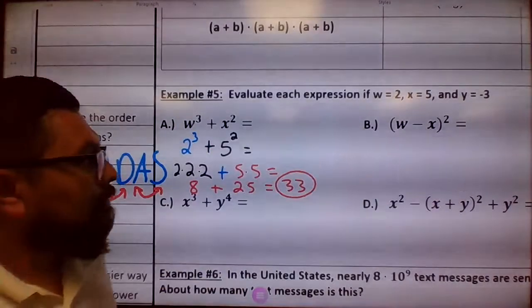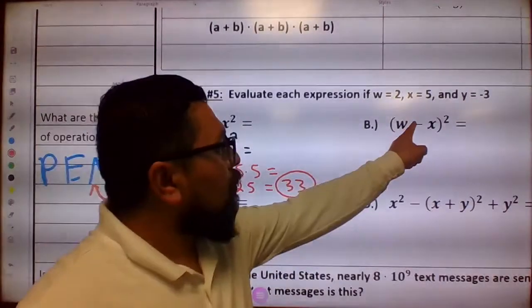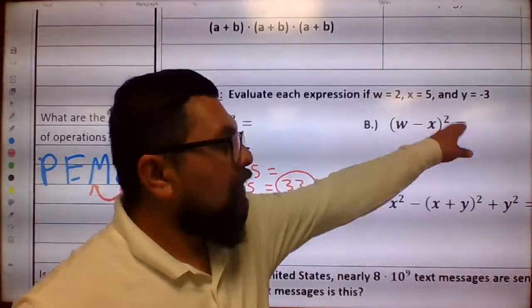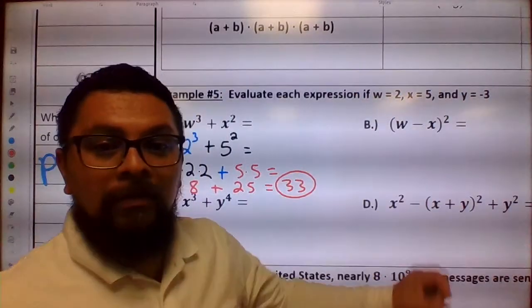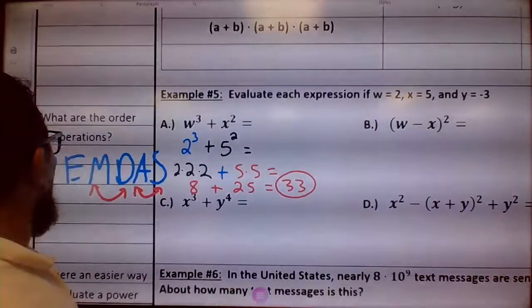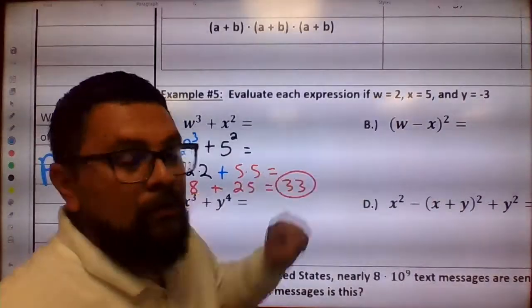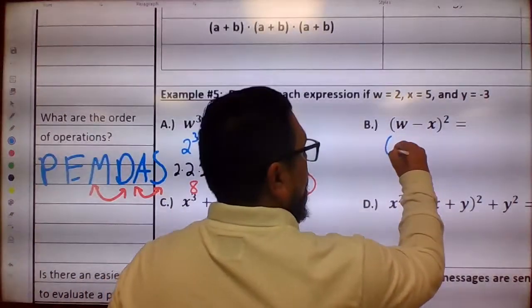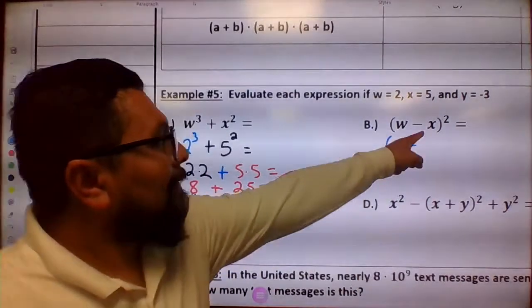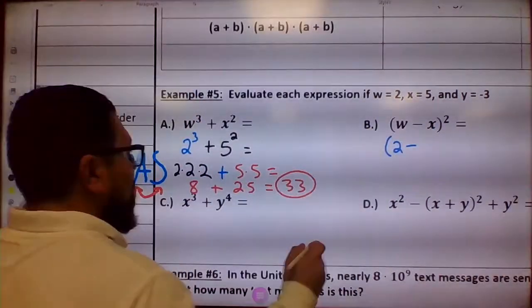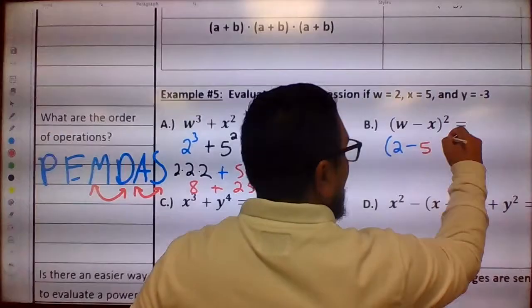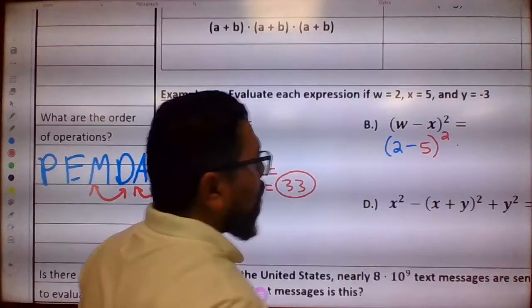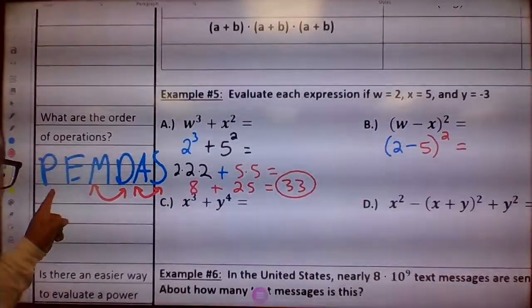For B, we have W minus X, the whole thing squared. So let's do it again. What is W? 2. What is X? 5. Okay, so let's use PEMDAS again.